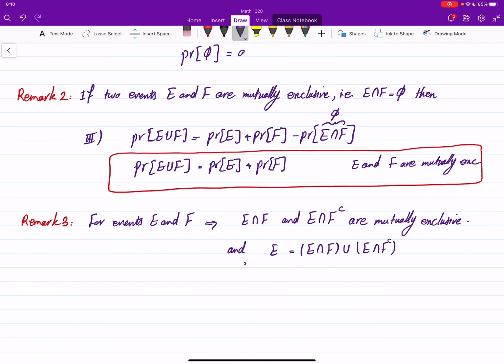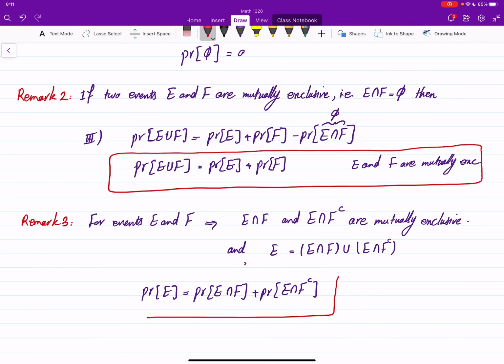So if I combine this with remark 2, I'll see that probability of E, which is the union of those two, must be equal to probability of E intersect F plus probability of E intersect F complement. They're mutually exclusive, so I don't need to bring in any other intersection term.